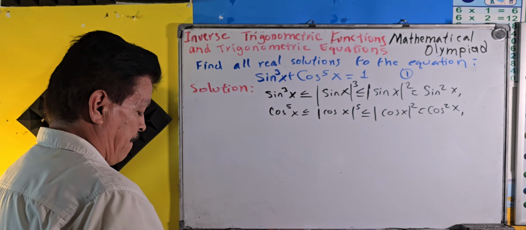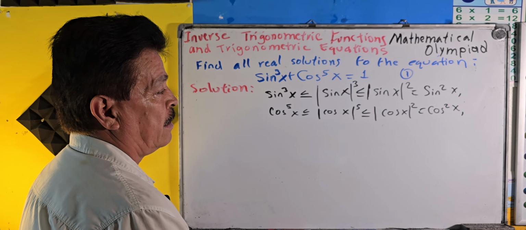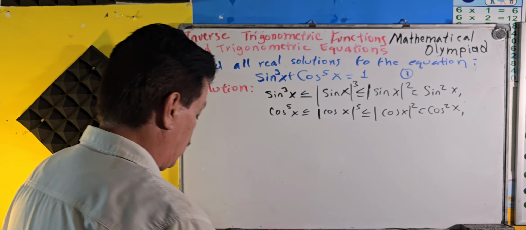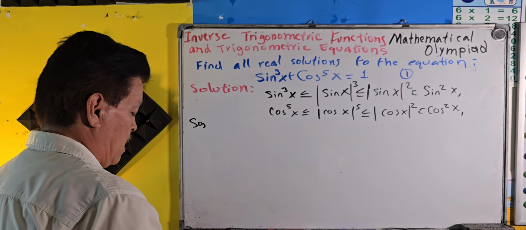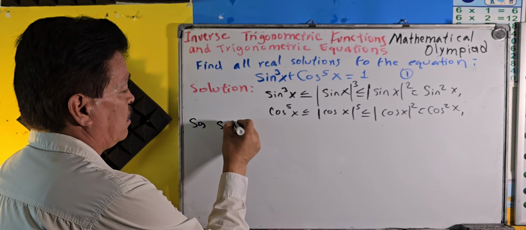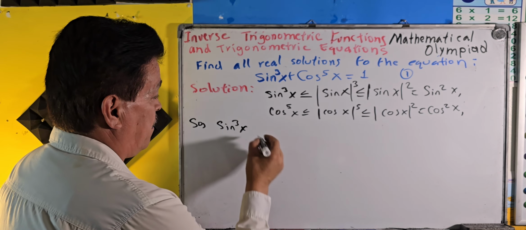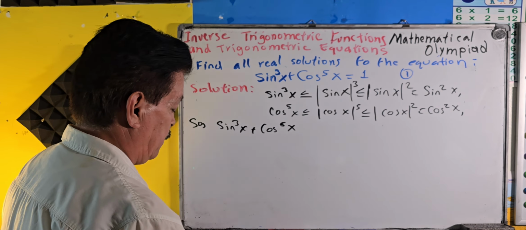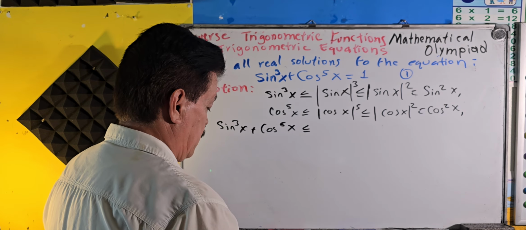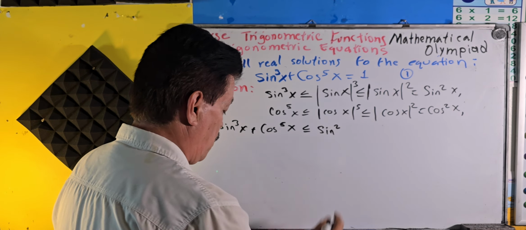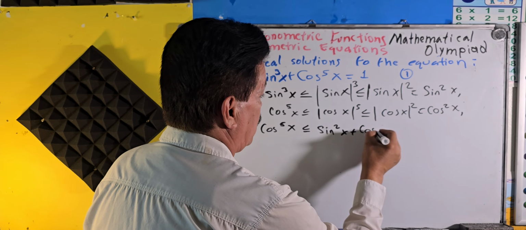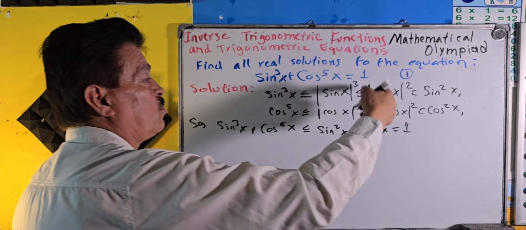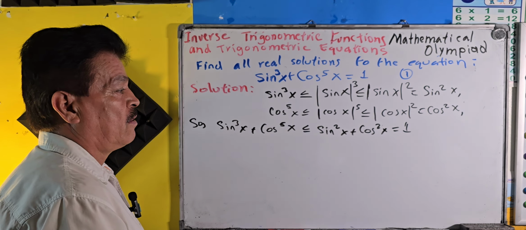Okay, so I will write my problem and keep finding the solution, and I erase it because I don't have enough space. So we have sine to the third power x plus cosine to the fifth power x less than or equal to sine to the second power x plus cosine to the second power x, which equals 1. It's for those two reasons.